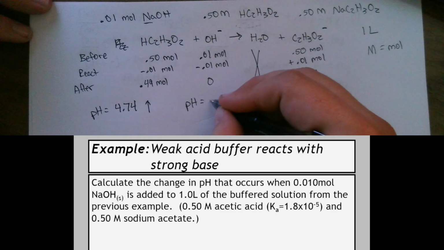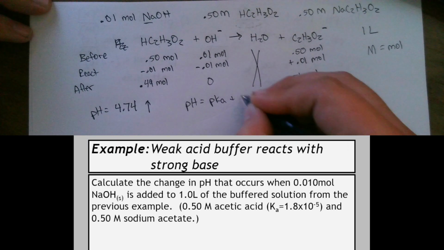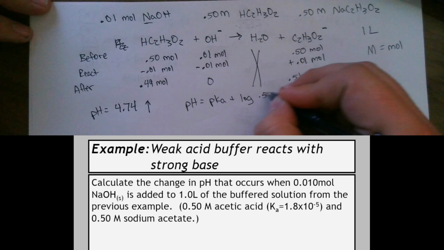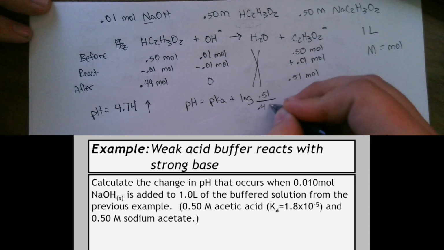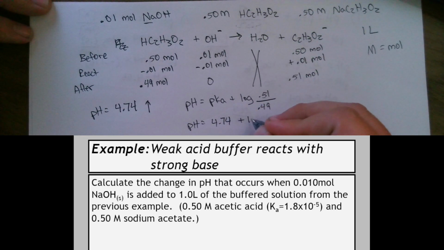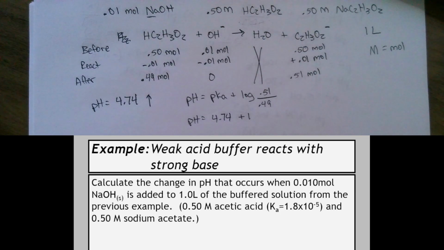But if we actually solve it out, plus the log of base over acid of 0.51 over 0.49. Remember this pKa was 4.74 when we solved it, plus this log of those numbers.